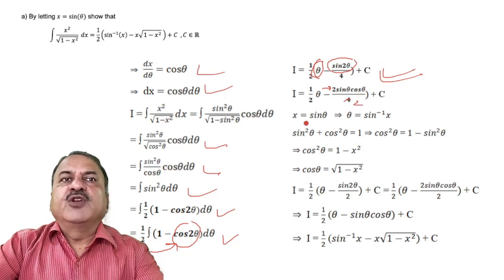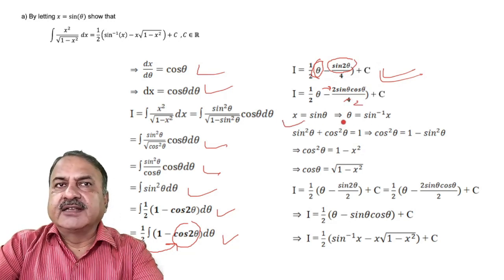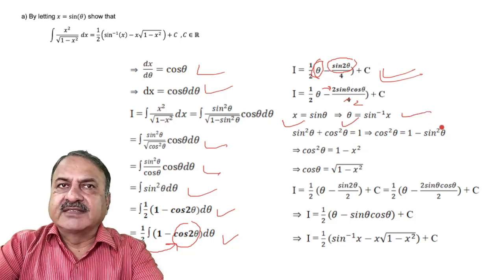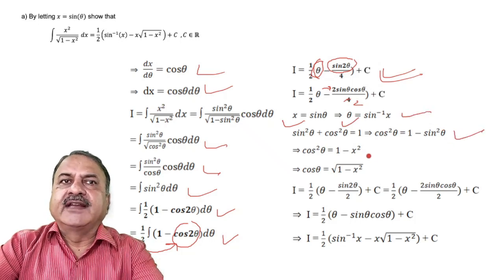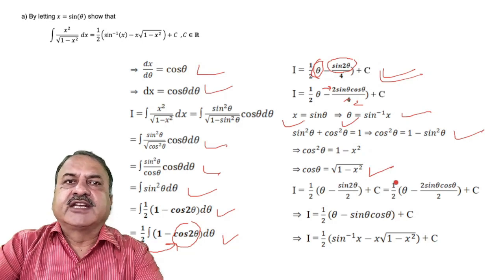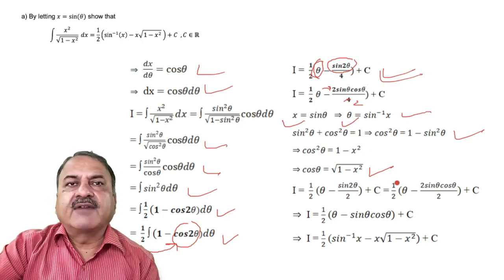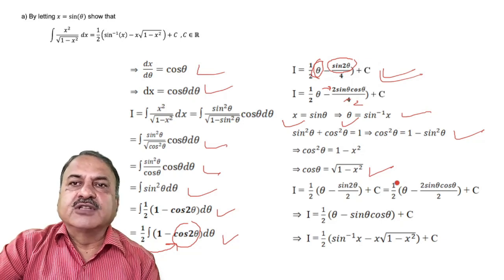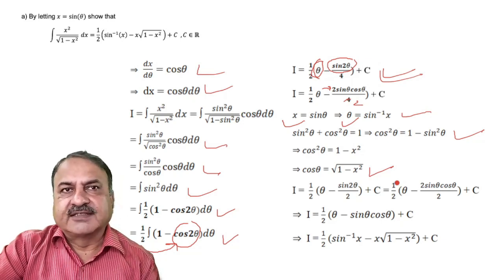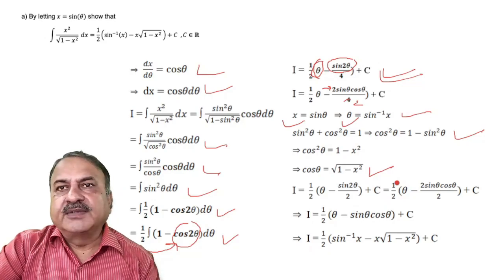Now, we know that x equal to sine theta, so theta equal to sine inverse x, and we used the Pythagorean identity and we got cos theta equal to under root 1 minus x square. After that, we plugged in these values and we got the answer. I hope that helps.